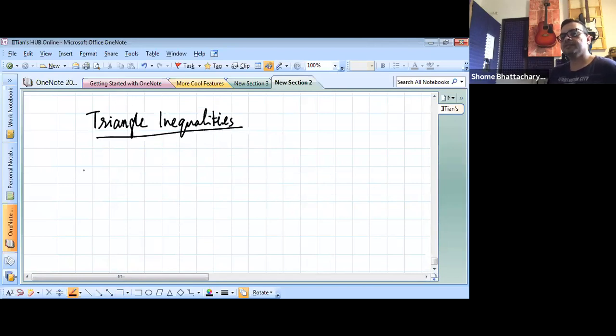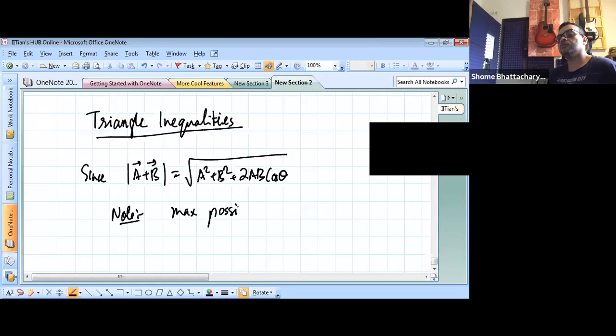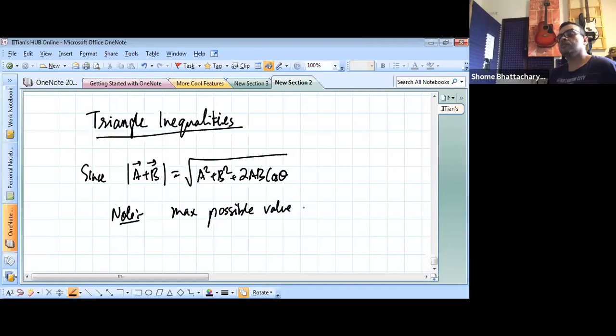This comes from the statement that magnitude of a plus b is root of a square plus b square plus 2ab cos theta. In this we can see that the maximum possible value of cos theta is plus 1, and that happens for theta equal to 0.